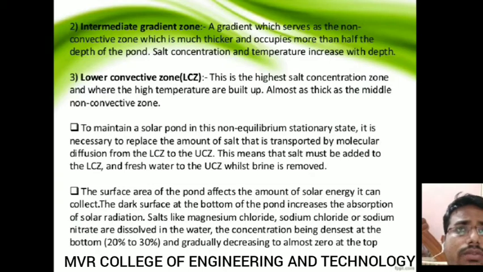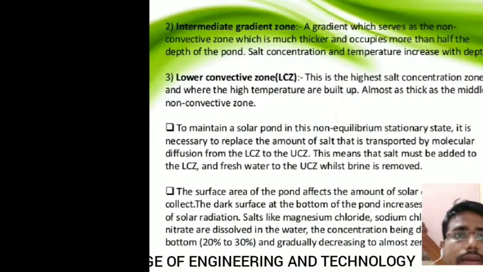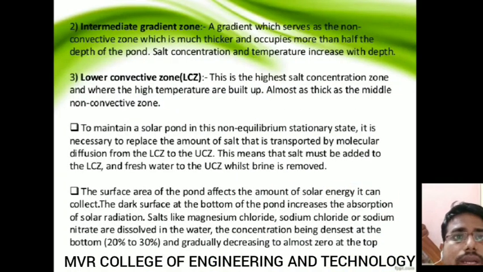This molten salt will be heated by the sun more easily and gives a higher temperature. At the bottom of the pond the absorption of solar radiation is greater, under the lower convective zone.